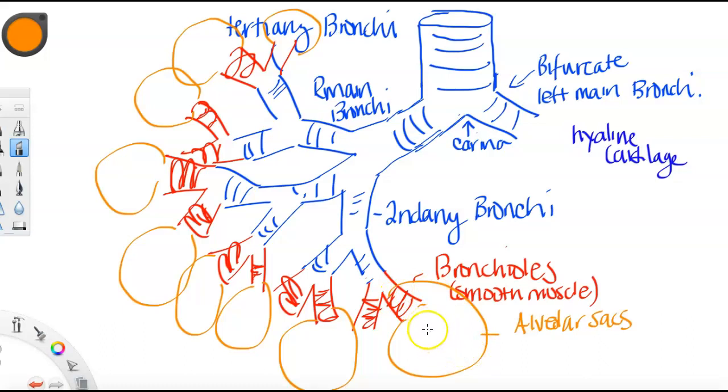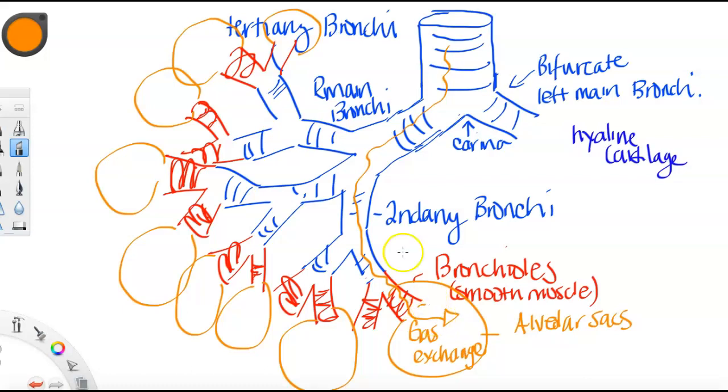This is where gas exchange occurs. So all that nice warm air comes in, goes all the way down when it's all nice and clean, and ends up here, and that's where we have gas exchange.